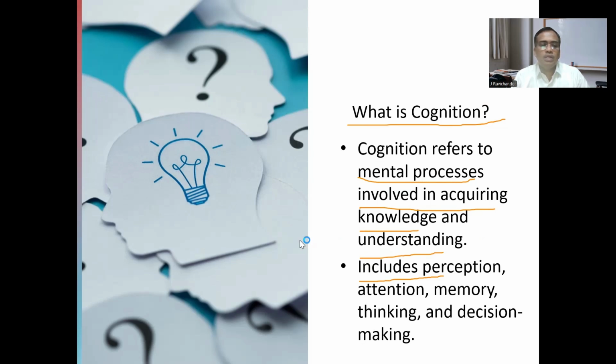Now, cognition refers to mental states and mental processes involved in acquiring knowledge and understanding.